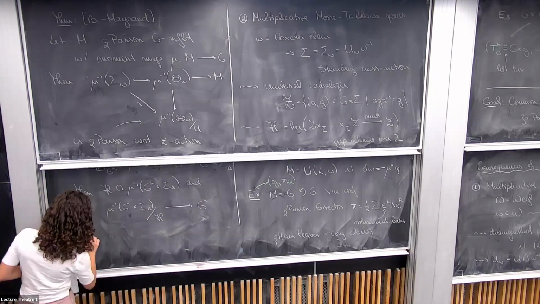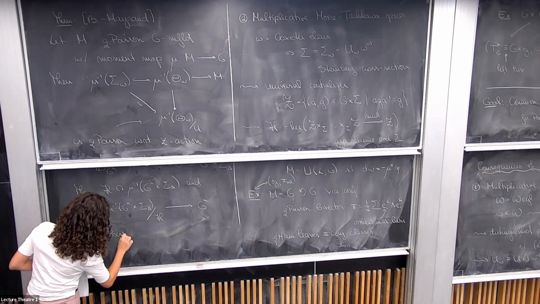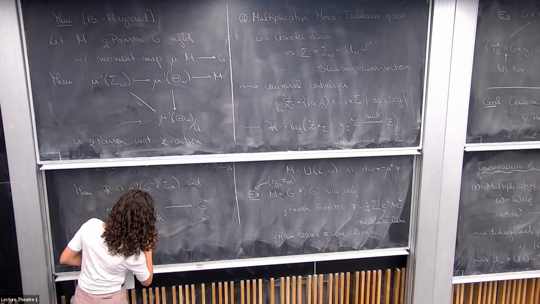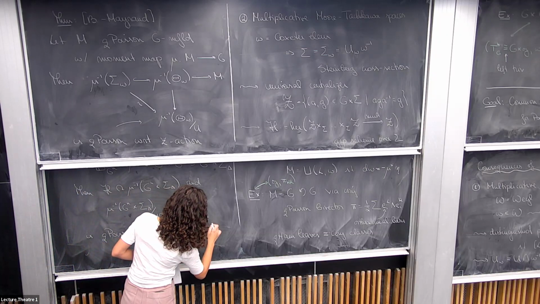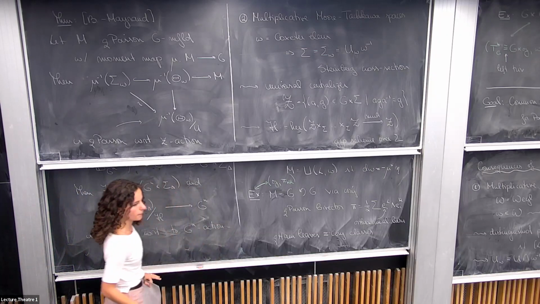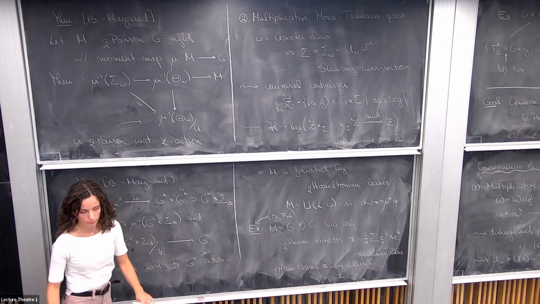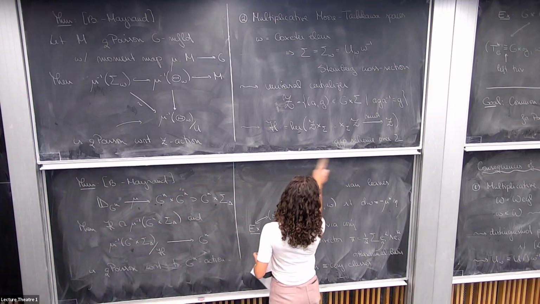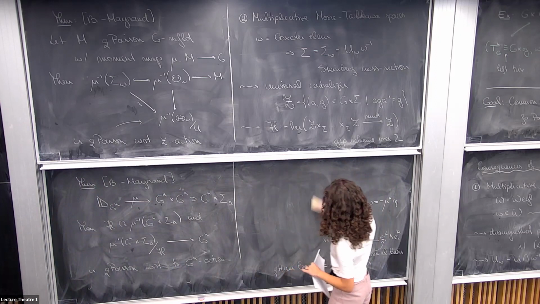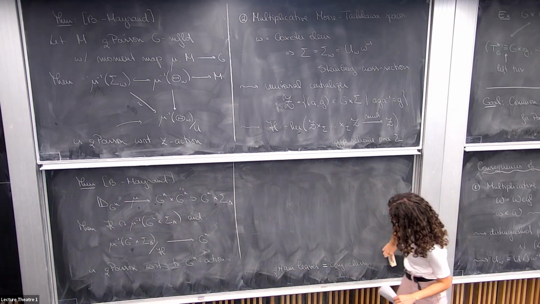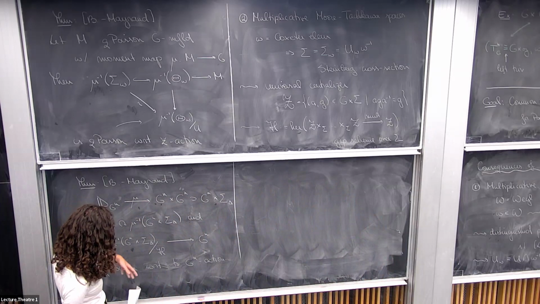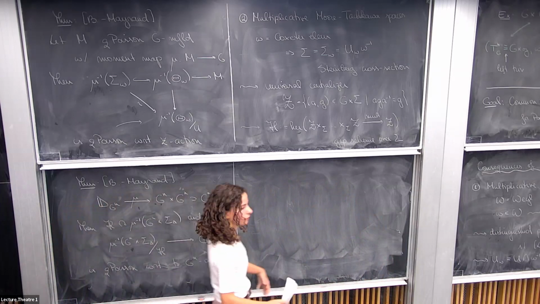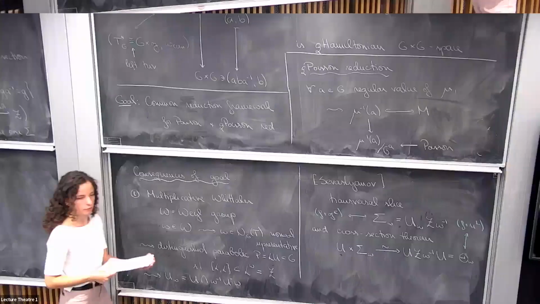And this is going to be a quasi-Poisson space with respect to this G to the n action. So in these groupoid Moore-Tachikawa varieties, at every step n, I get a Hamiltonian quasi-Poisson G to the n manifold.